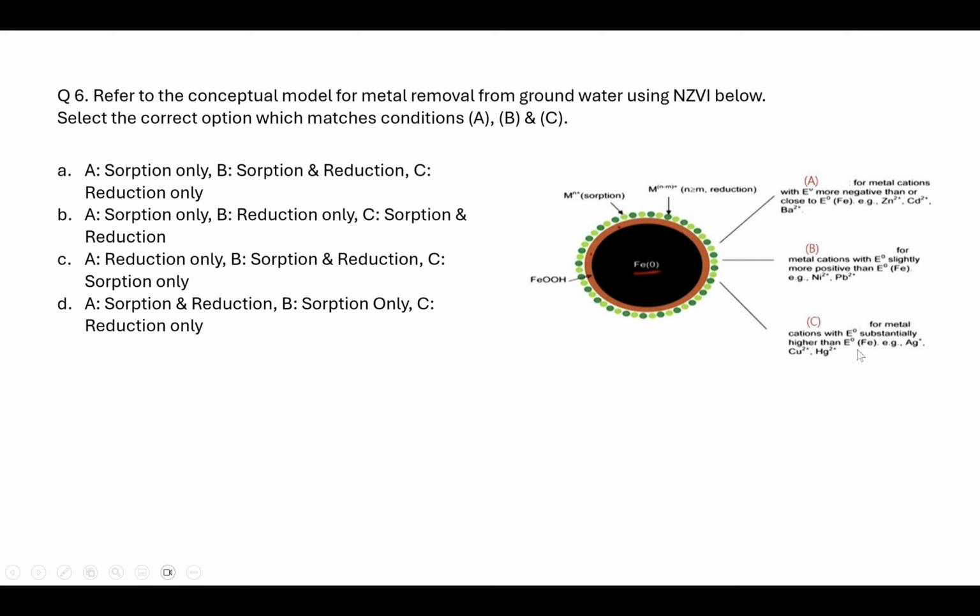Since there is a large difference between the E naught values, these pollutants can be removed by reduction only. So A is the correct option: A is removed by sorption, B can be removed by sorption and reduction, and C can be removed by only reduction.